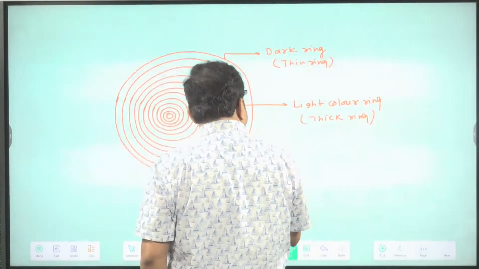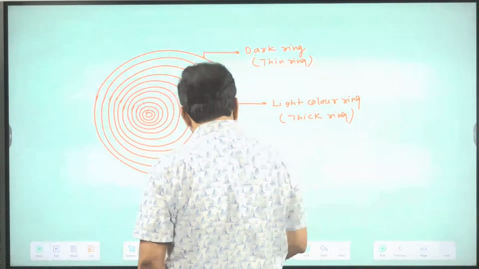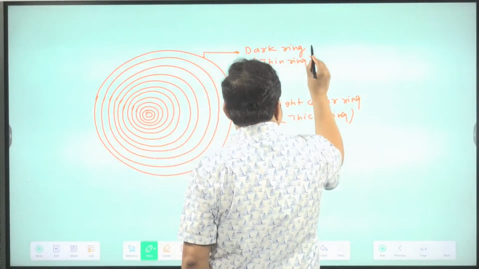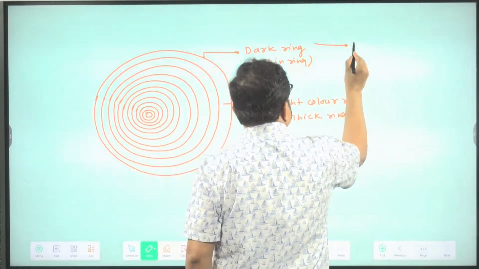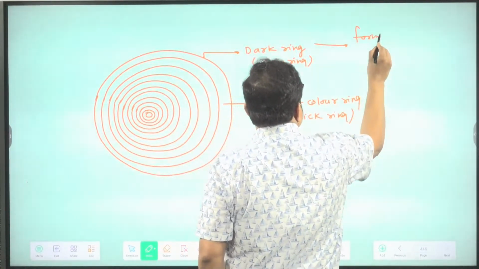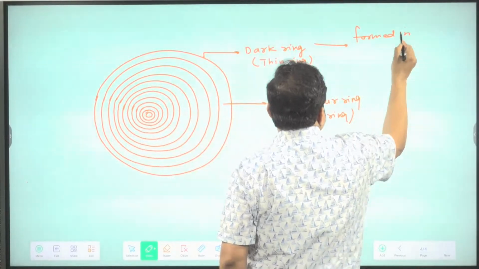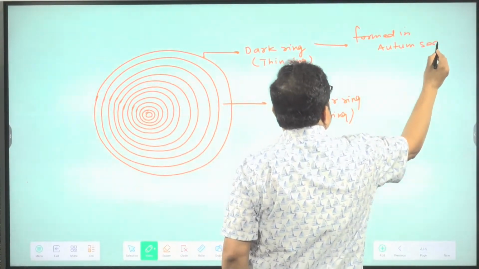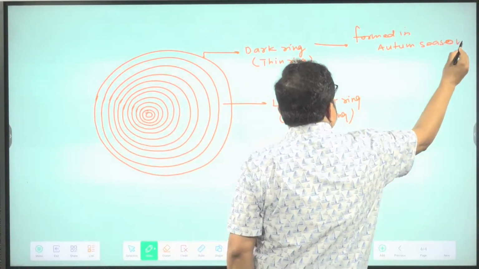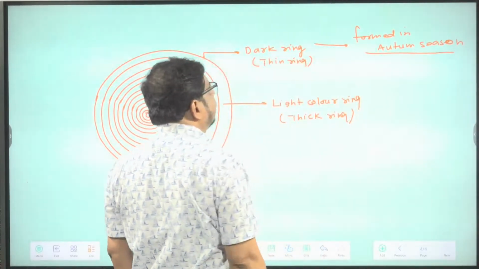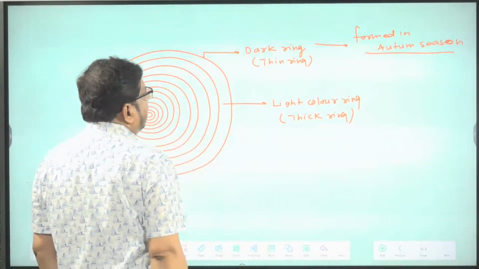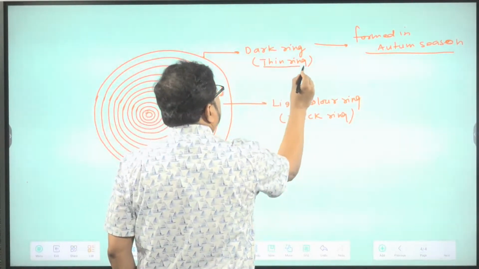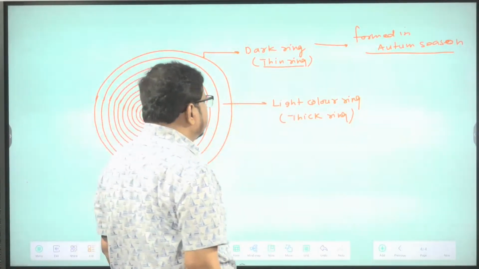So this dark color ring is formed in autumn season. The dark color ring forms in autumn season, but this is a thin ring, less activity is there in autumn season.